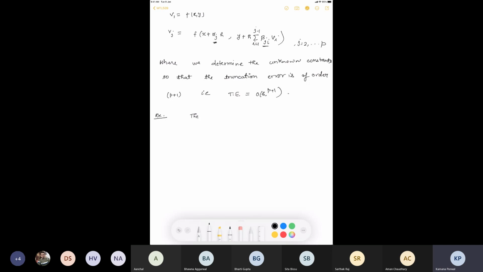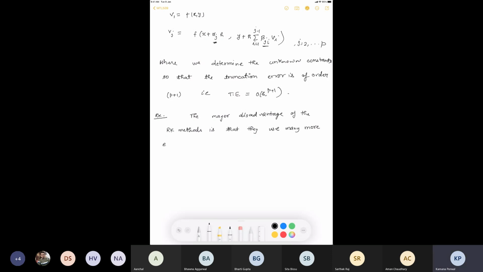So the major disadvantage of the RK methods is that they use many more functional evaluations.